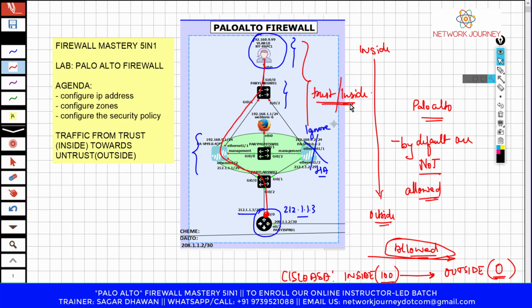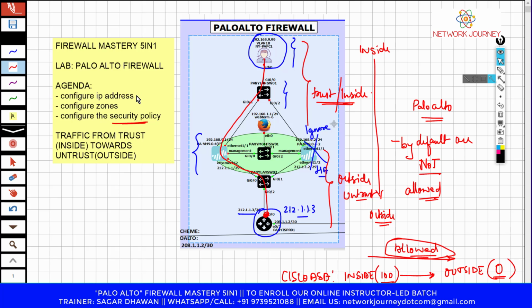There is no concept of security level in Palo Alto, and this zone is my outside zone or untrust zone. Once I set the zones, as I told you, there is no security level, so I have to go with my security policy. If I don't do that, then the traffic will not flow from inside to outside.